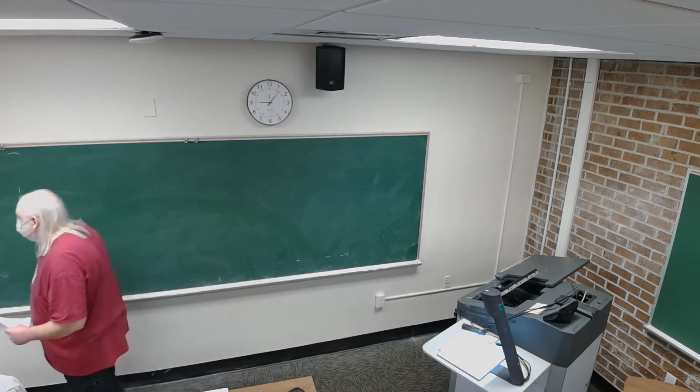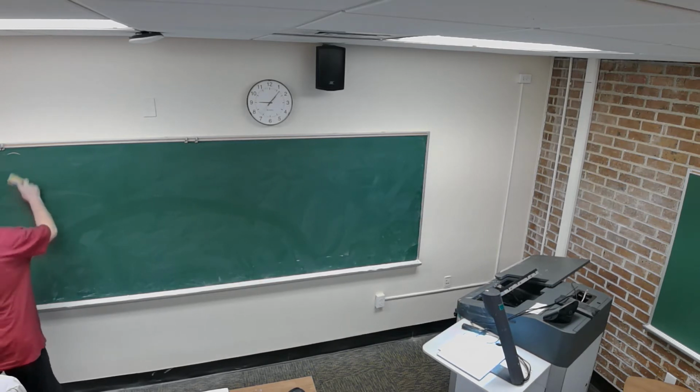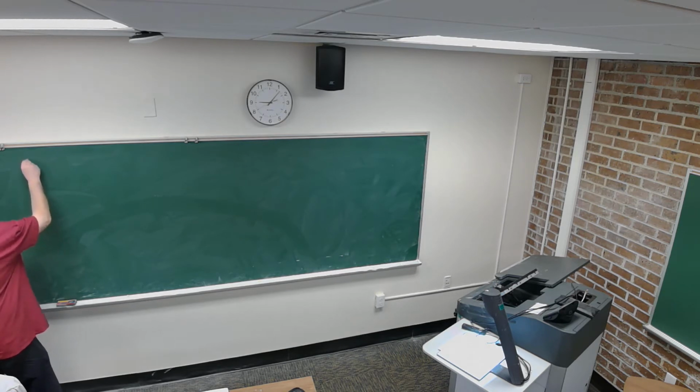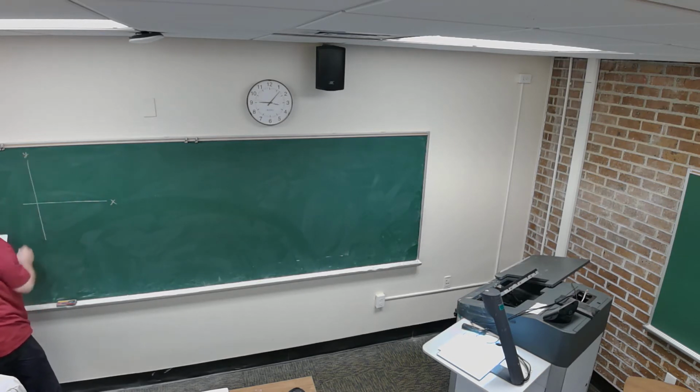And we're instructed to find all the points on the y-axis that are 5 units from the point 4, 4 in the coordinate plane. So let's draw a picture. Here's the x-axis. Here's the y-axis. And here's the origin.